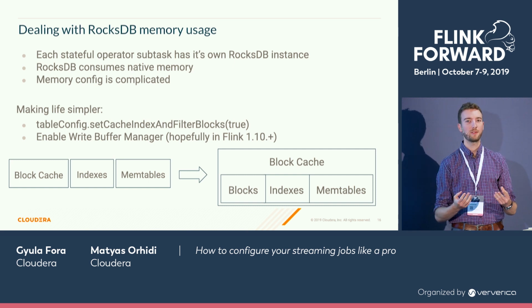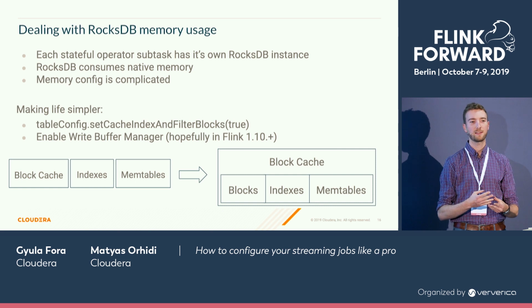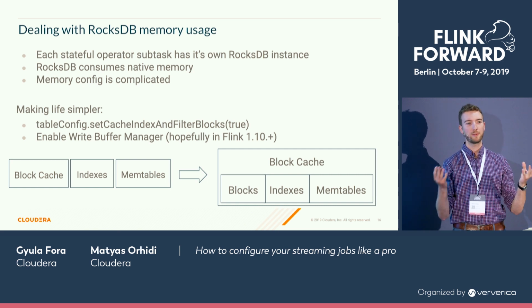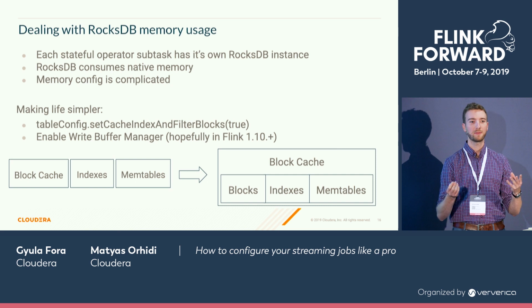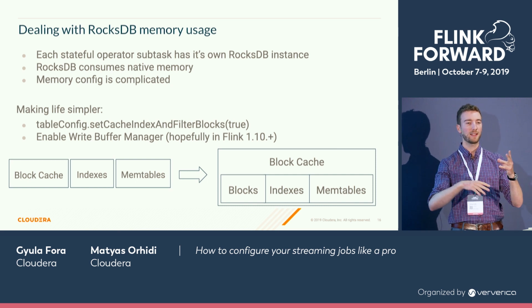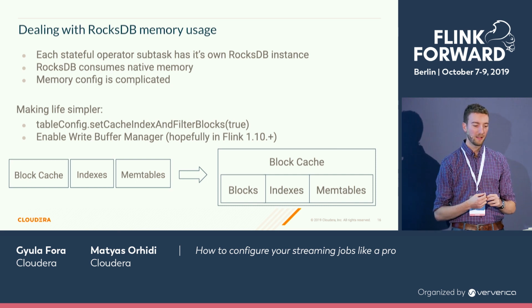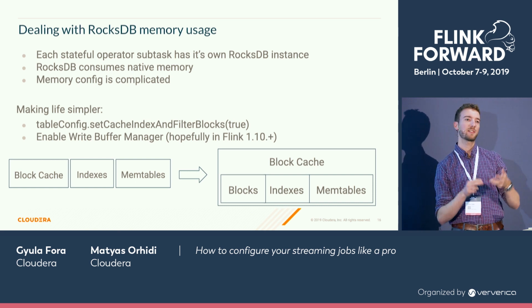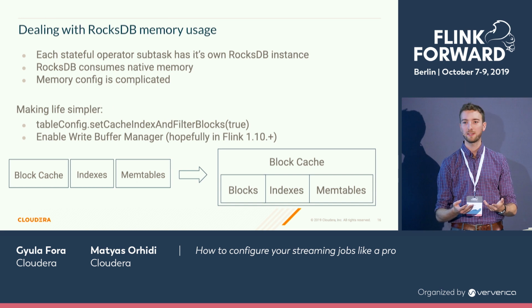Each stateful operator subtask has its own embedded RocksDB instance. So if we have a pipeline with parallelism 8 and 2 stateful operators, such as some keyBy state and some window, that would mean we have 8 times 2 RocksDB instances, so 16 RocksDB instances.